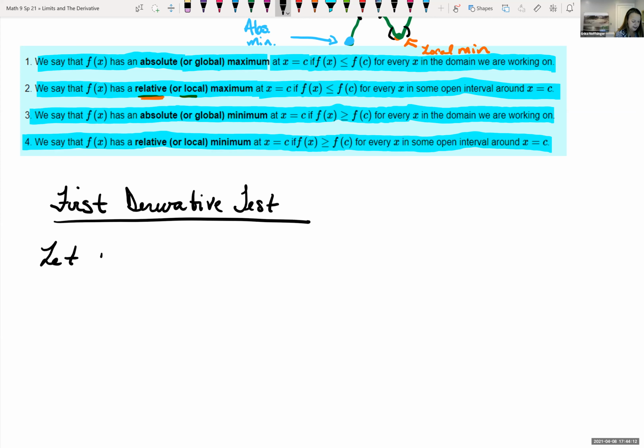So recall, critical number, that was where our derivative was equal to 0 and where our derivative was undefined.